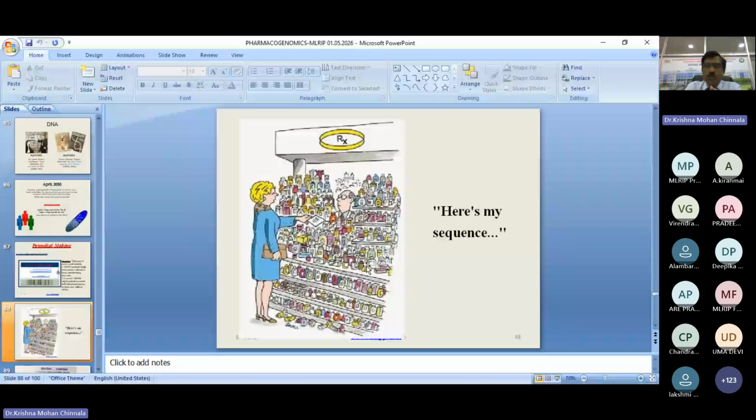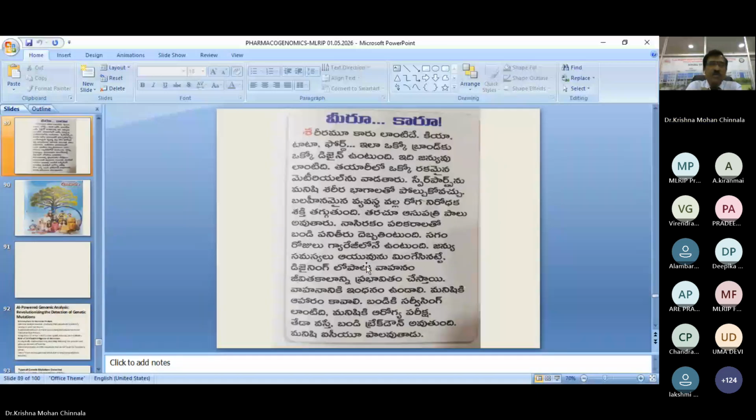You are the one to take care of the pharmacogenomic picture of the patient and inform the doctor too, right? If any drug interaction is there after prescription also, with your pharmacogenomic knowledge, you have to inform the doctor to change the prescription, right? So here most of them are Telugu audience, so that's why I kept this slide.